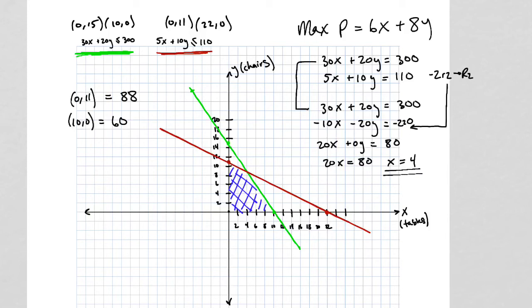Now that we have x equals 4, we can plug it back into any one of these other equations and solve for y. So let's plug it into this one here. 5 times 4 plus 10y equals 110. 20 plus 10y equals 110.